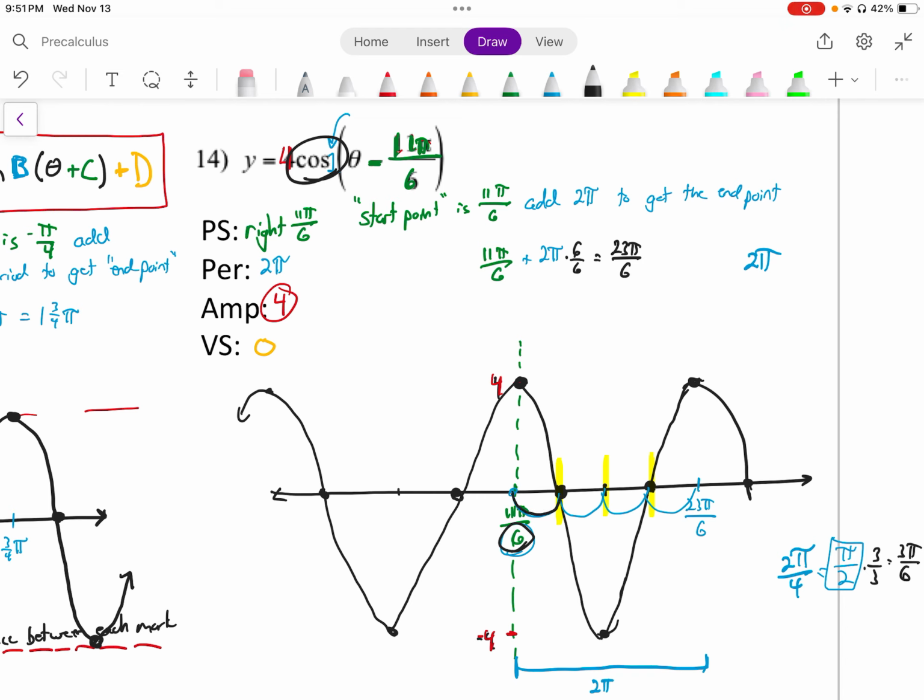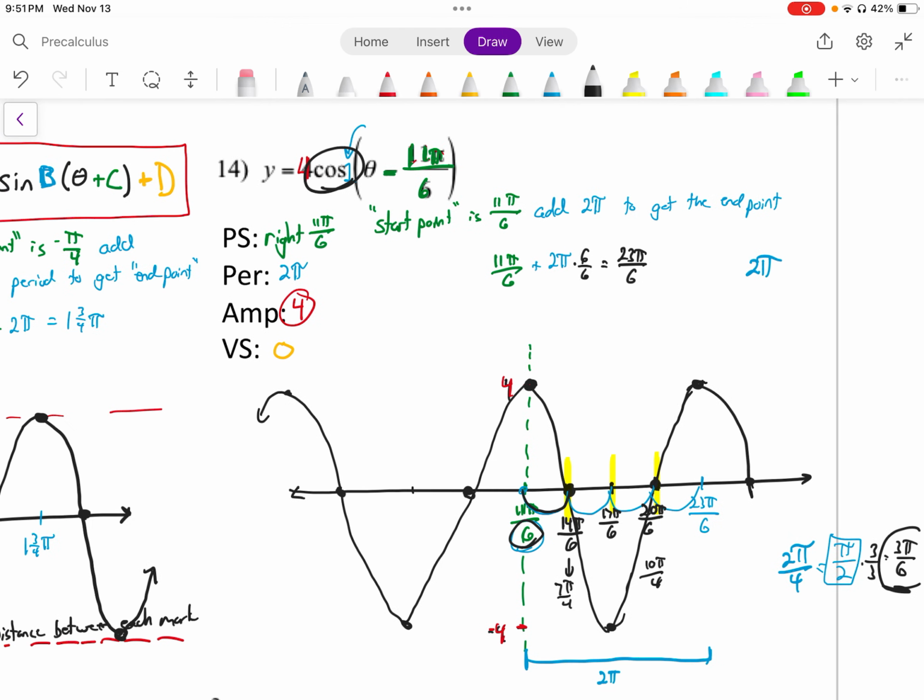So 11 plus 3 is 14 pi over 6. 14 plus 3 is 17 pi over 6. 17 plus 3 is 20 pi over 6, and this is a good check for us: 20 plus 3 is the 23 pi over 6. Now these two can be reduced by 2, so this is 7 pi over 4. And this is 10 pi over 4.